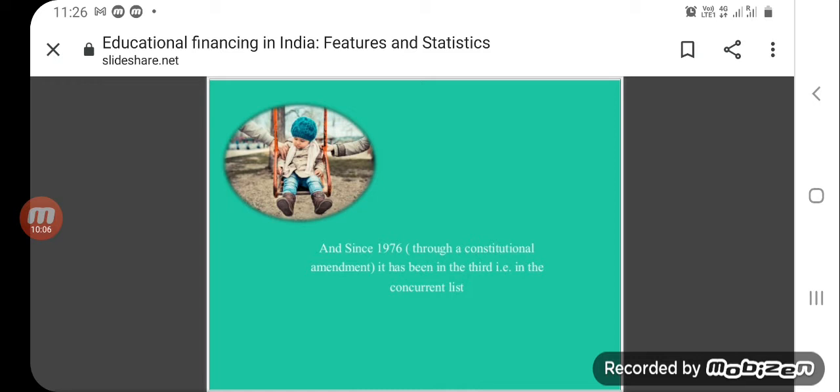There is a joint power, or both of them are controlling educational aspects or educational institutions with some mutual understanding and mutual respect. So from 1976, education has been included in the concurrent list.